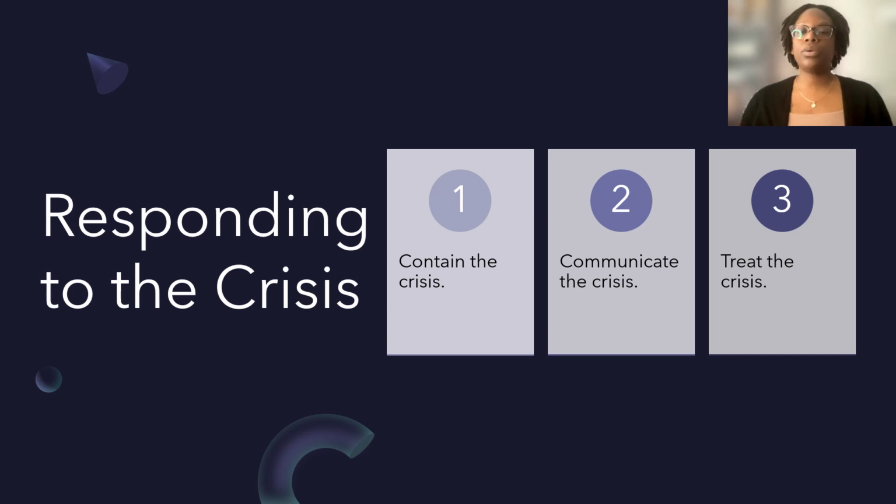Matt should also communicate the current unit's exposure and the potential risk to other units of the hospital so that those who need to be involved to help minimize and contain this crisis have the ability to do so. While containing this crisis, Matt cannot forget to treat the crisis. Matt needs to ensure that all 25 patients on the unit have an effective treatment plan now that they have all tested positive for MRSA.